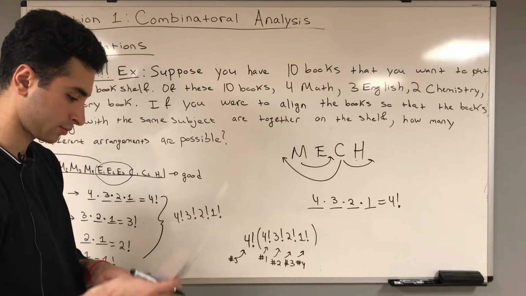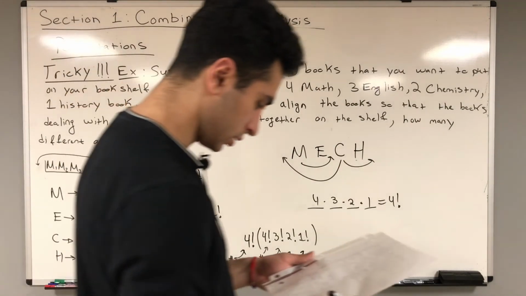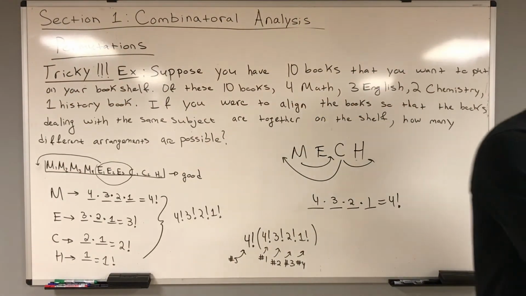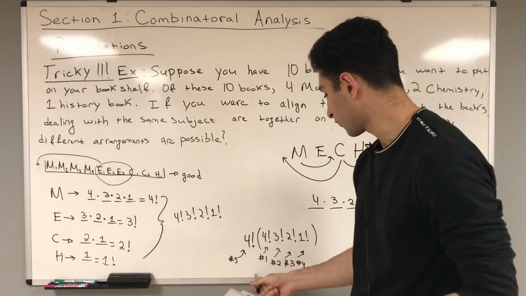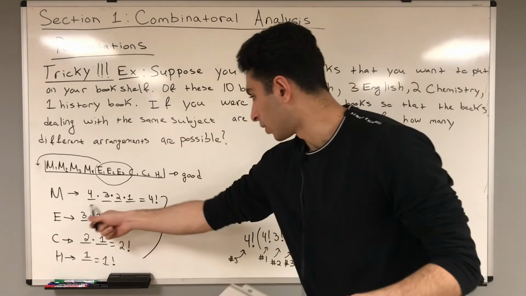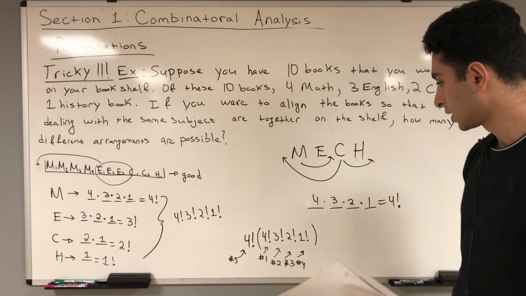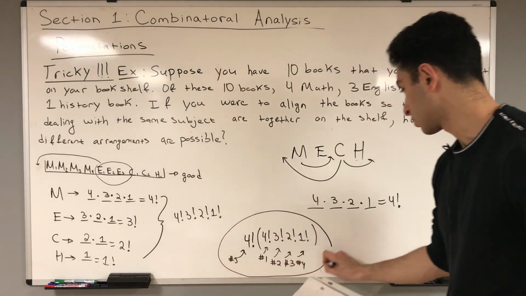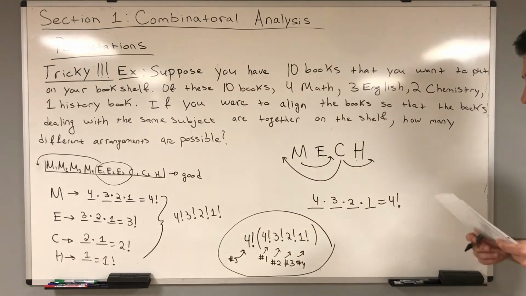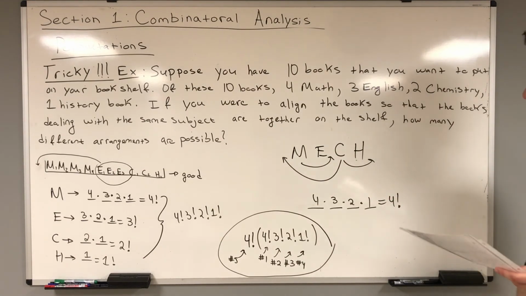I don't know if I wrote down the actual number. No, I did not, but it's okay. If you have a calculator, you can do this yourself, or you could multiply all this together, then multiply them, and then multiply by 4 factorial, and you get some answer. But this is the answer. That's how many different arrangements are possible.